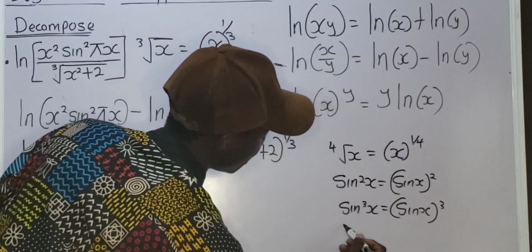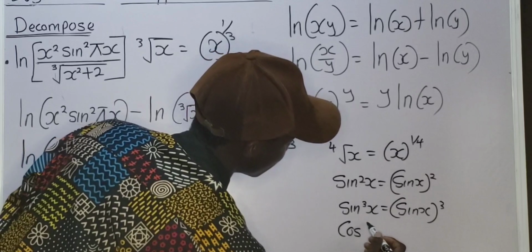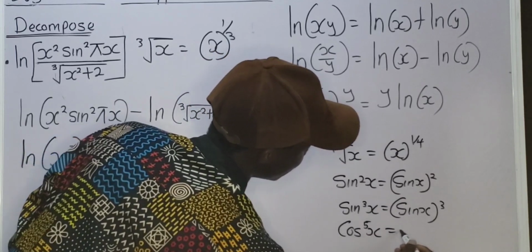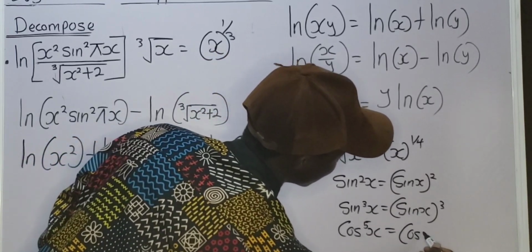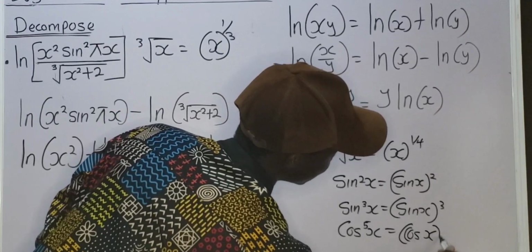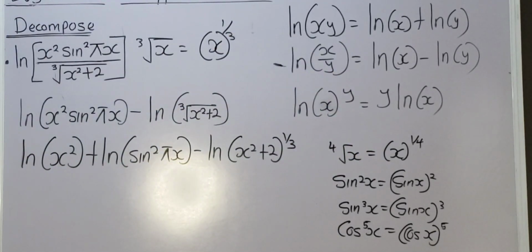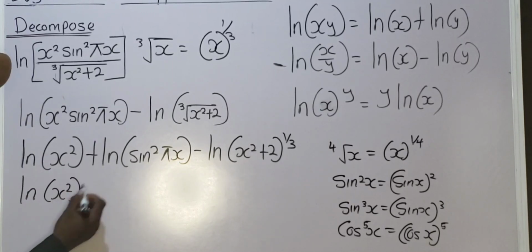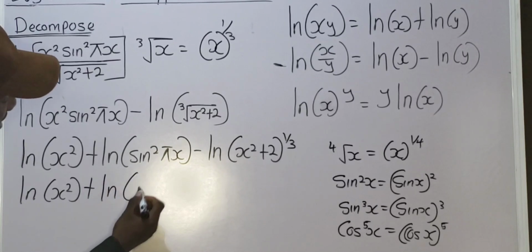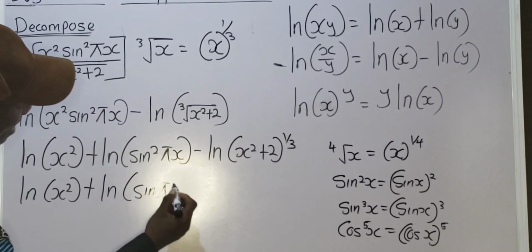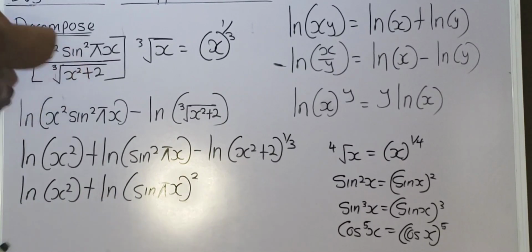So apparently, if you have cos x to the fifth, this can be written as what? Cos x raised to the power of 5. Do you understand? So I'm going to apply it here. Let's proceed. For this, I'm going to have ln x squared plus ln of sine pi x raised to the power of 2. Do you understand?